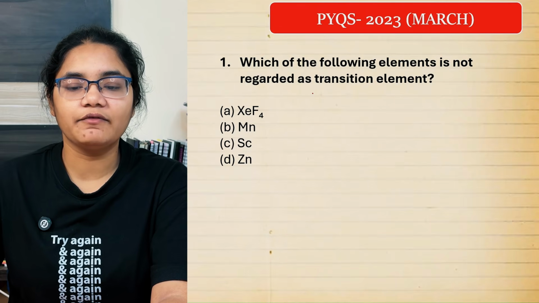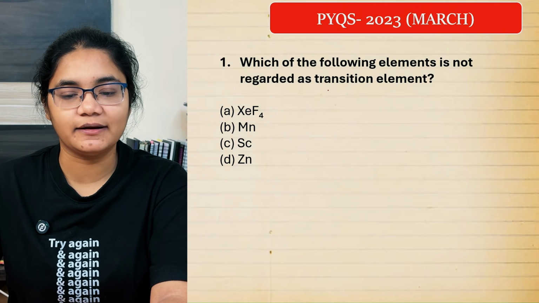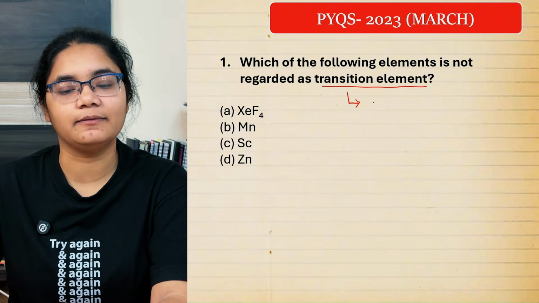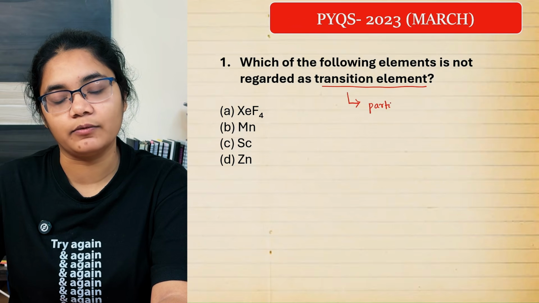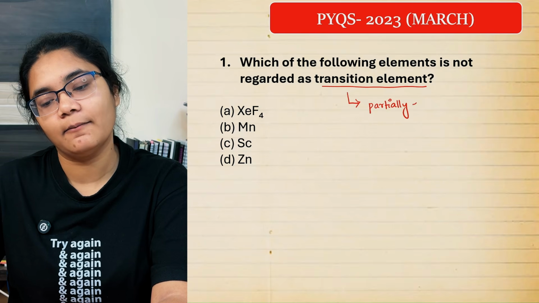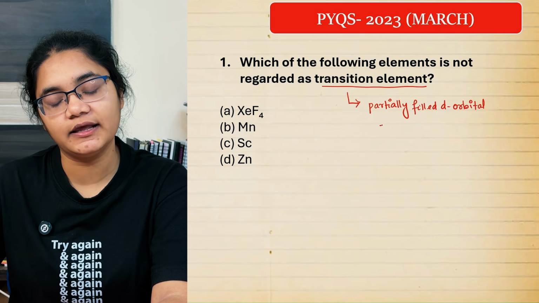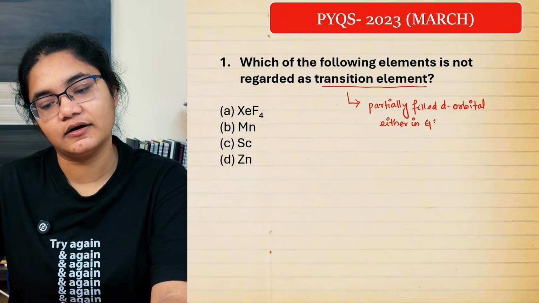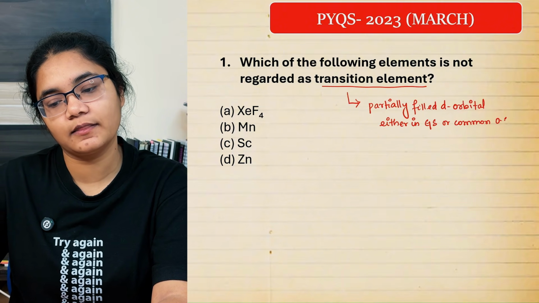Now we'll come to the 2023 March paper. Which of the following elements is not regarded as a transition element? If you know, for a transition element, the condition is you need to have partially filled d orbitals, either in the ground state or in the common oxidation state.